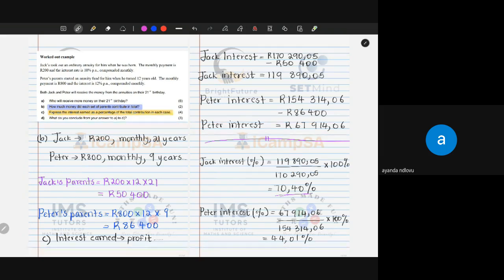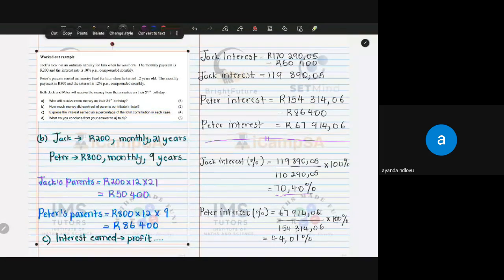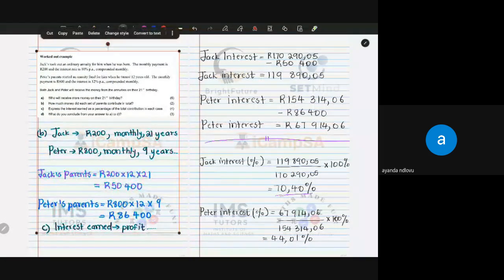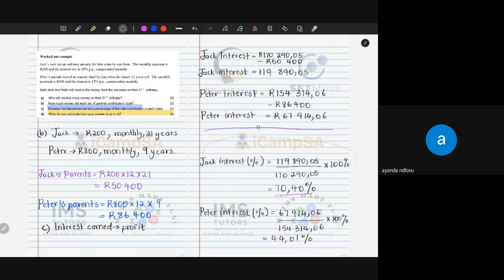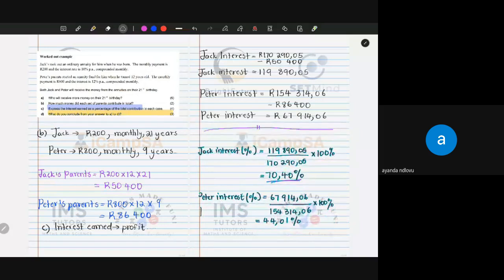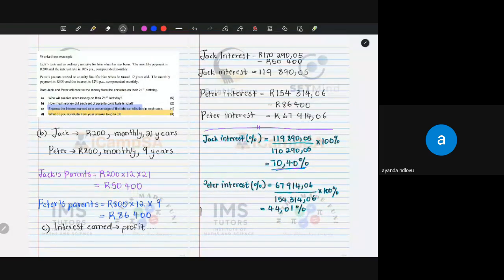So now that we have this, guys, I need us to think of how we can conclude here. What is the conclusion looking at these numbers? What can we conclude with certainty looking at these numbers?